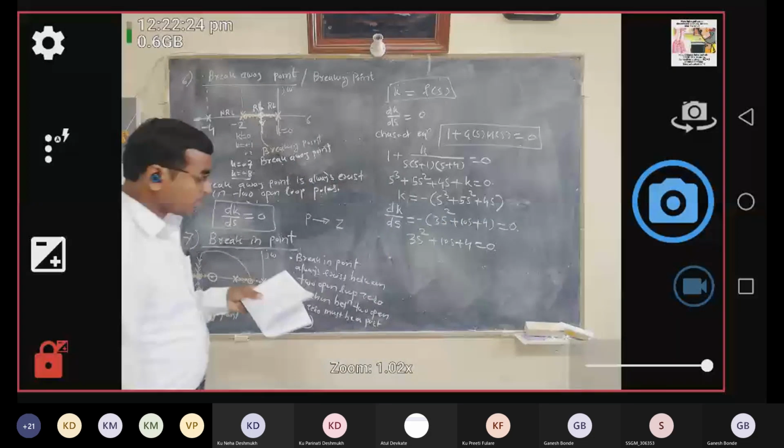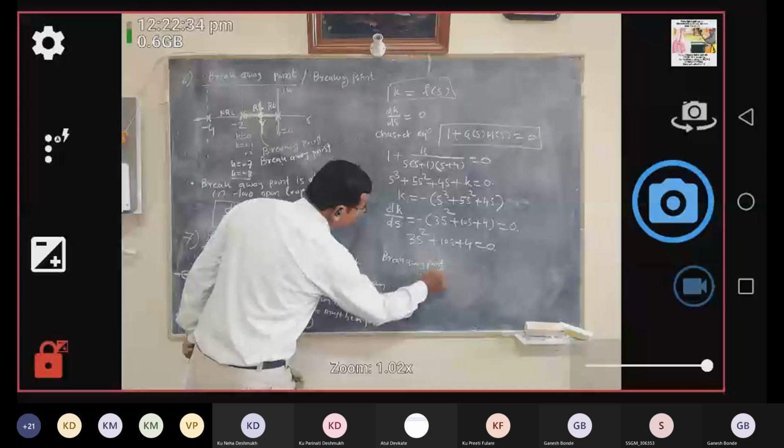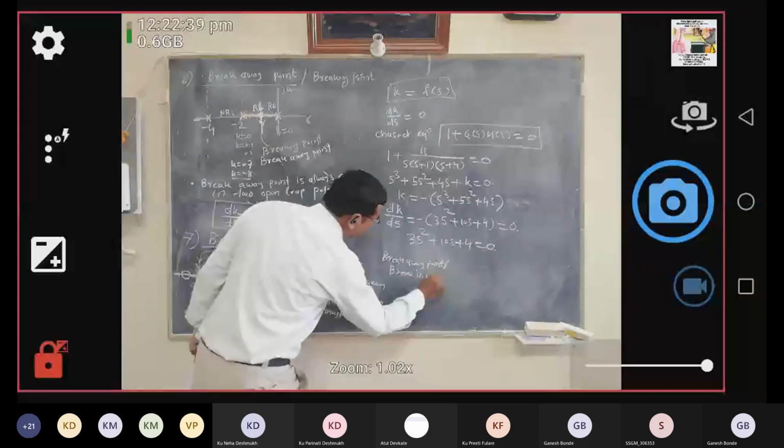That will give you breakaway point or break-in point. Please find it.